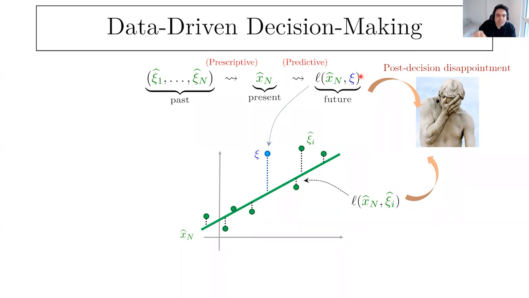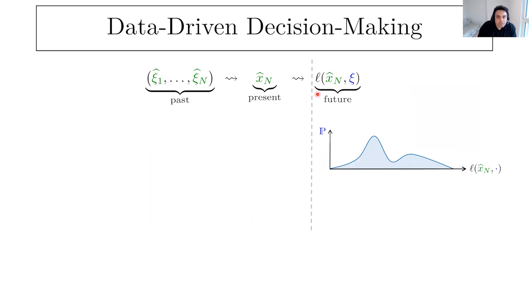Now, let me elaborate a little bit more on how we measure this future loss. There are different ways of looking at future loss, and this is typically translated in mathematical language by a risk measure. What a risk measure means is how to turn a distribution into a real value to measure our performance. So for the loss function in the future, let's fix our decision that we make.